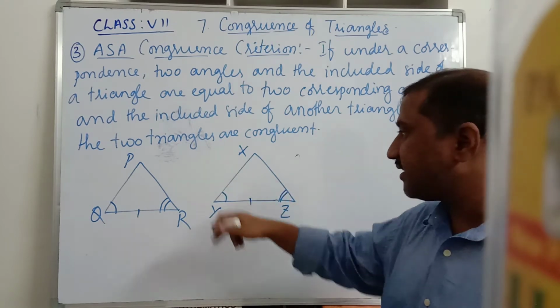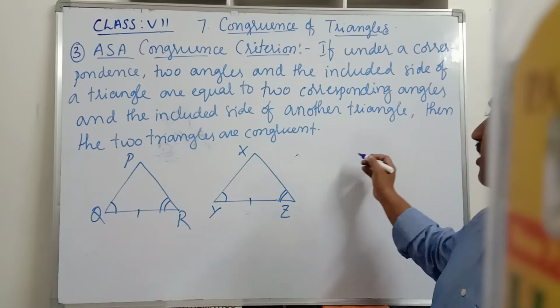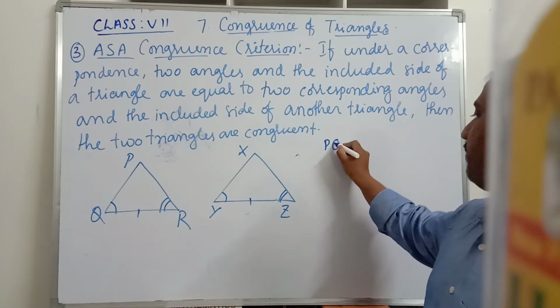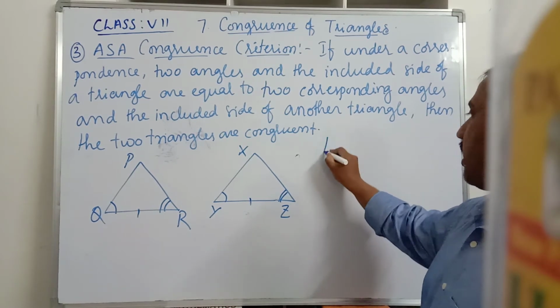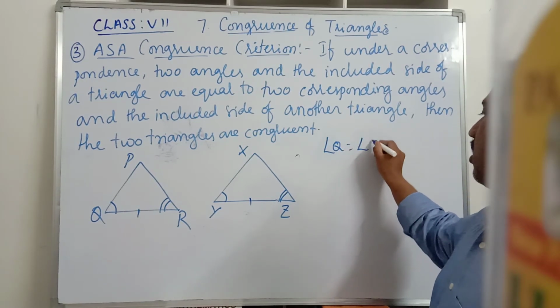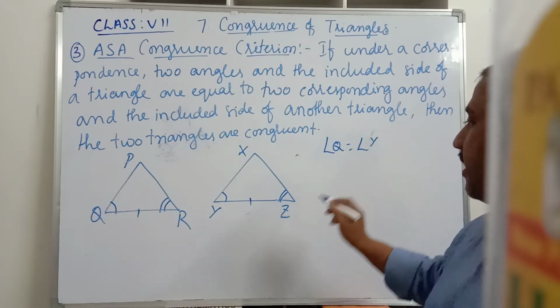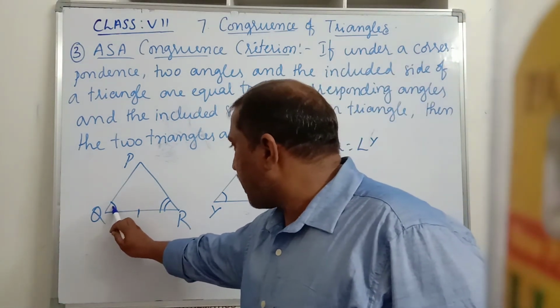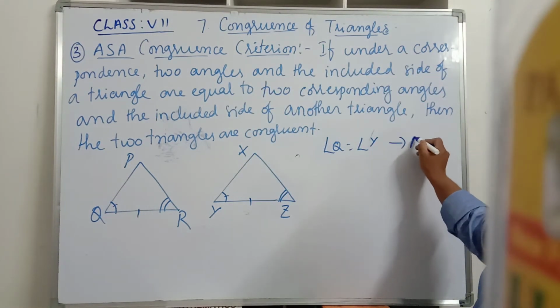Now you see here the triangle PQR and XYZ. So we know it is given angle Q is equal to angle Y. See this. This is one angle and this is the other angle. Both are equal. Therefore, it is angle.